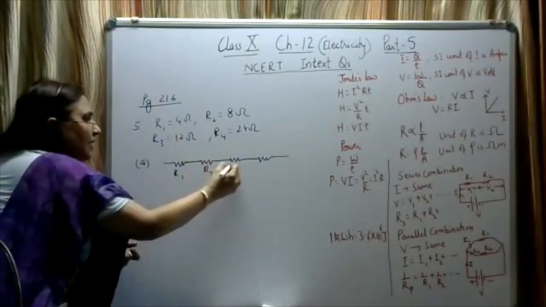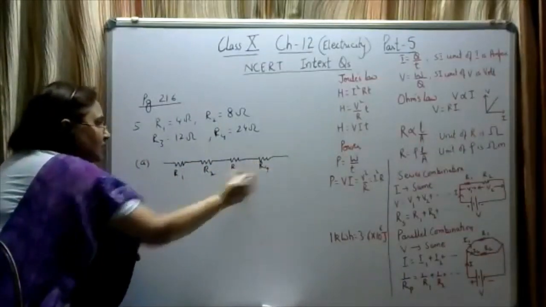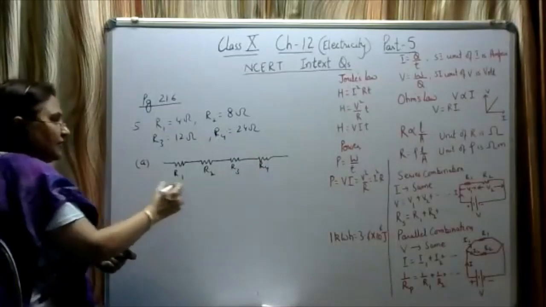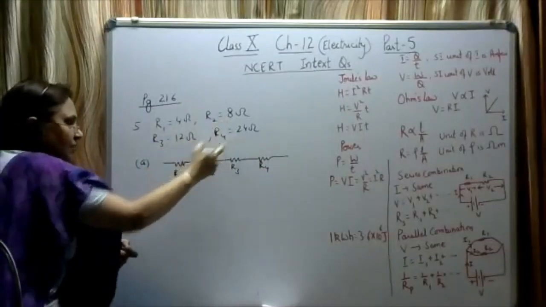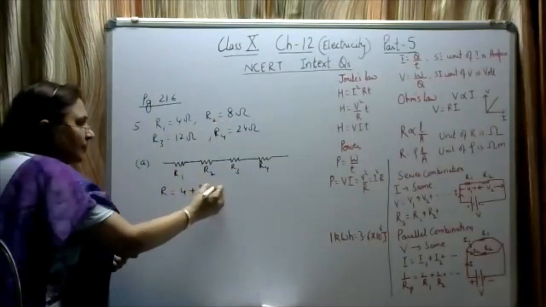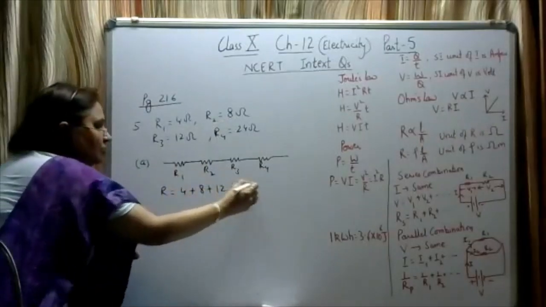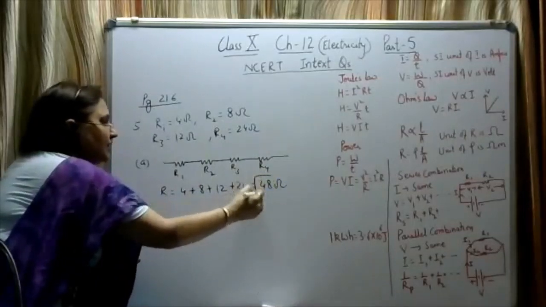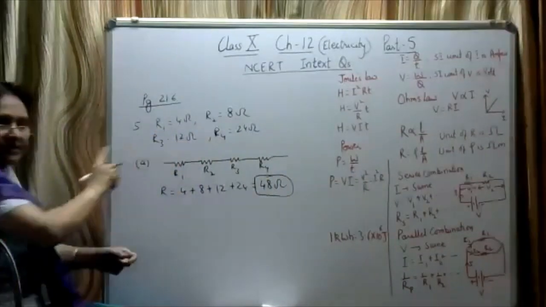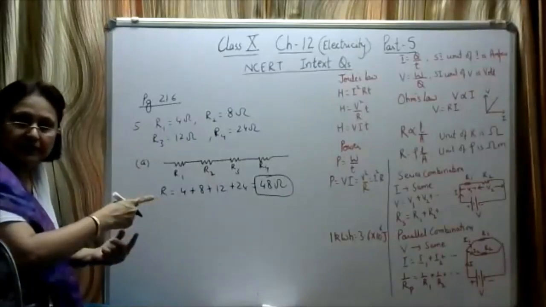Then we get the highest resistance. So what will be this equivalent resistance? The sum of all this, that is 4 plus 8 plus 12 plus 24, which is equal to 48 ohms. Okay, so the highest resistance out of these four resistances we will get when they are connected in series.